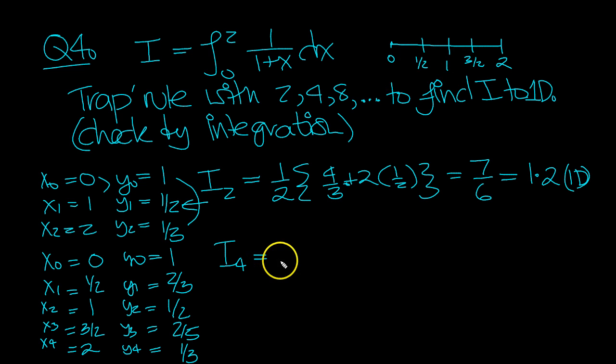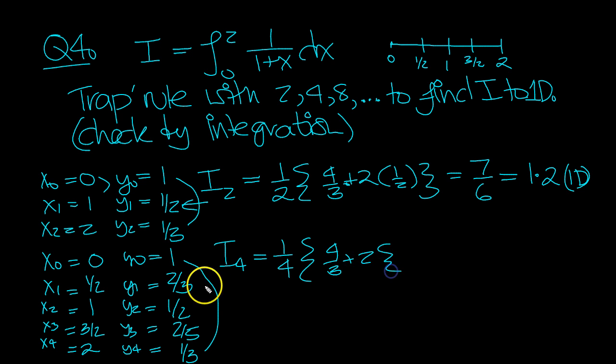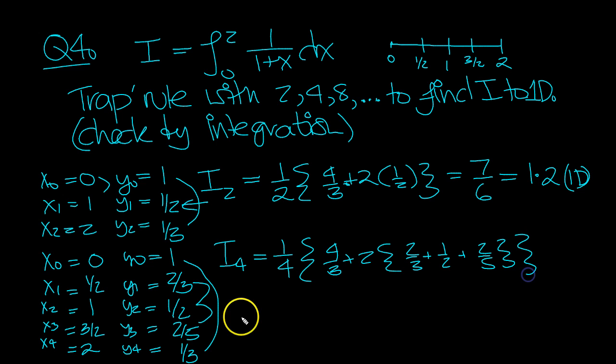So I4 now then. The distance over 2 is a quarter. Half over 2 is a quarter. The first plus the last, 1 plus a third is 4 thirds, plus 2 times the ones in between. 2 thirds plus a half plus 2 fifths. And then close the bracket. So what have we got?